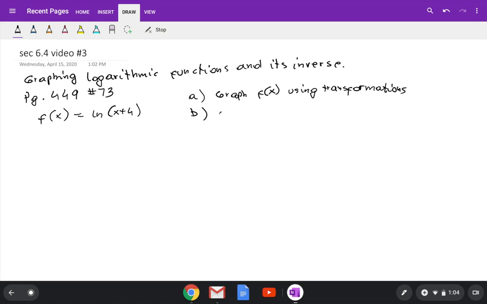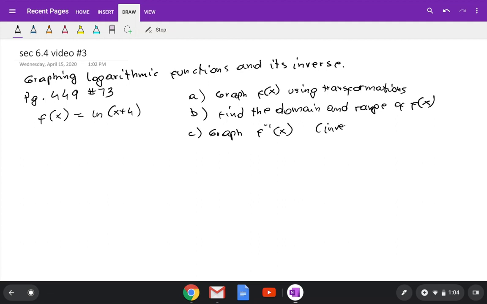B, find the domain and range of f of x. C, they want you to also graph the inverse. And D, find the domain and range of the inverse.